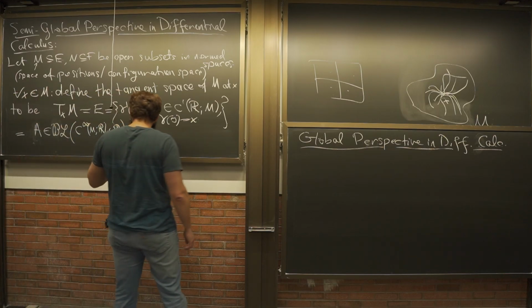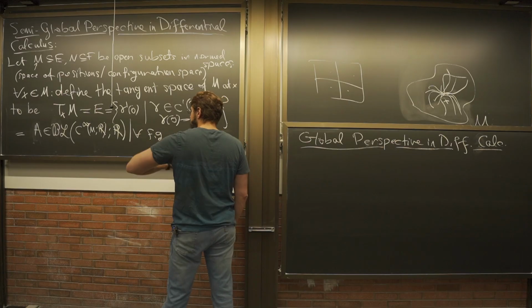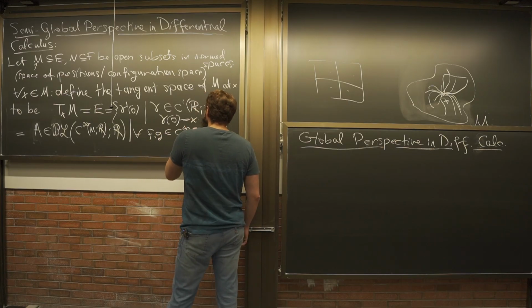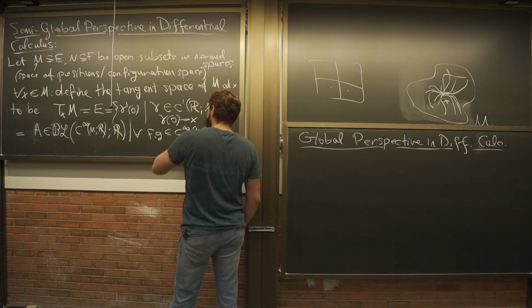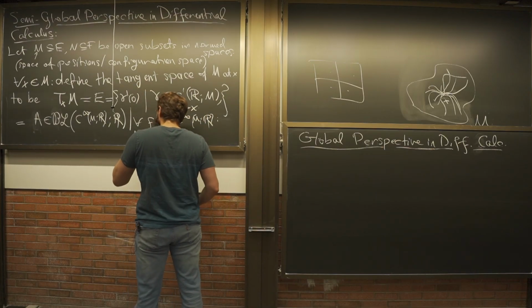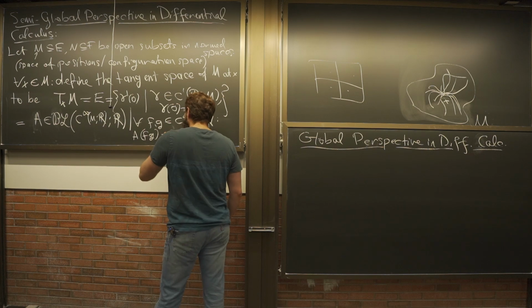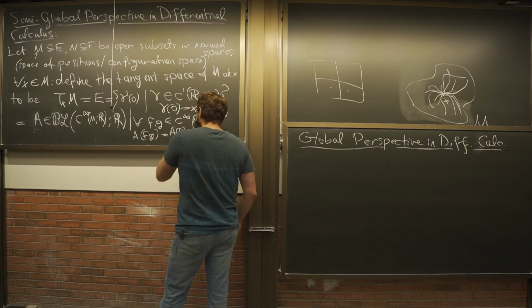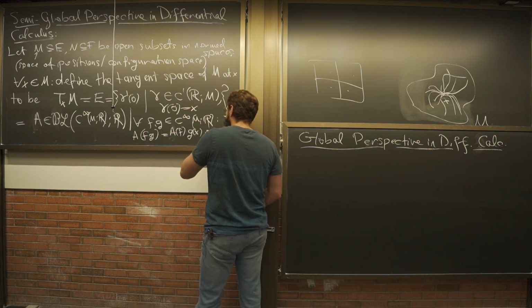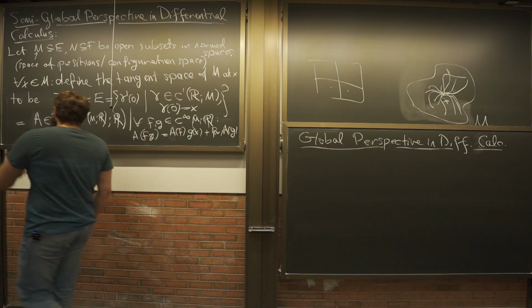Namely, for any f and g infinitely differentiable, I want A of fg to be the same thing as Af times g(x) plus f(x) Ag.